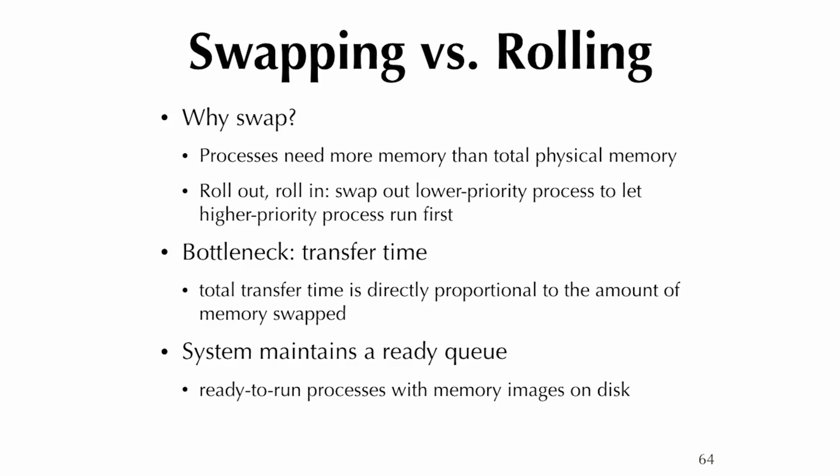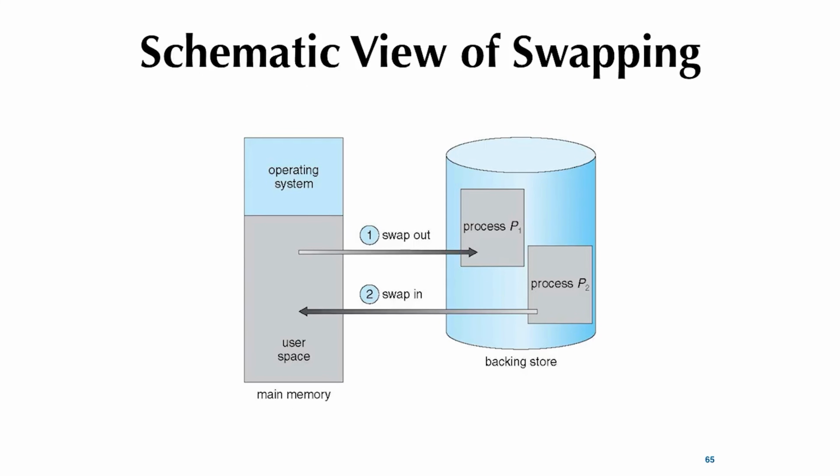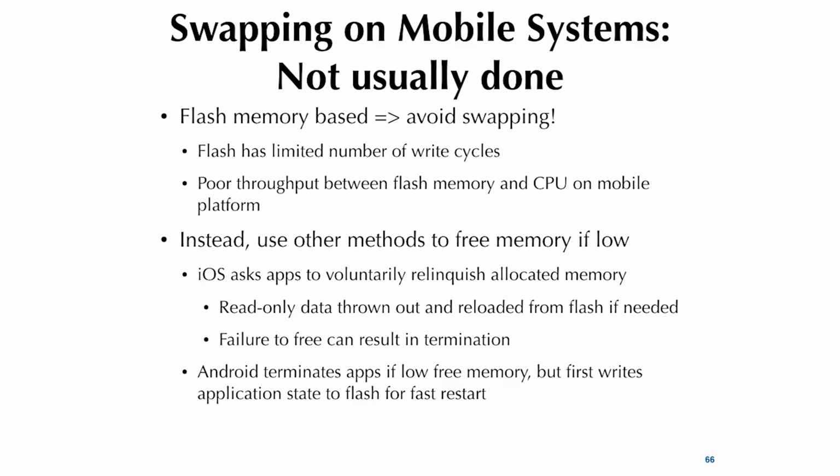If it's in the ready queue, it could actually be swapped out, and then the status needs to be indicated accordingly. So it needs to be brought back to memory before it can be put back in the ready queue again. So swap in, swap out. That's really that simple view of it.